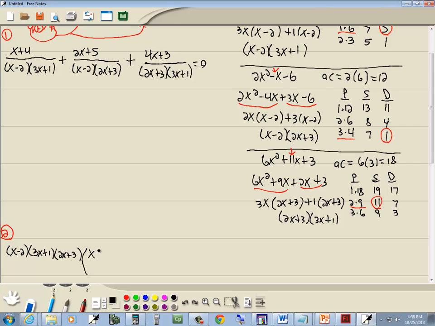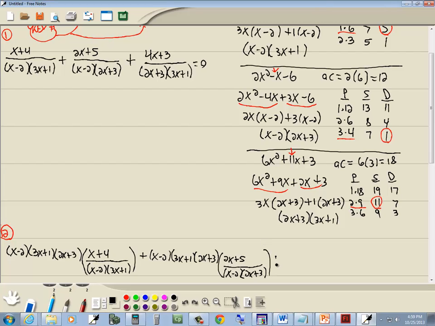So multiply it by the x plus 4 over x minus 2, 3x plus 1. We'll multiply it times the next fraction. So multiply by the 2x plus 5 over x minus 2, 2x plus 3.